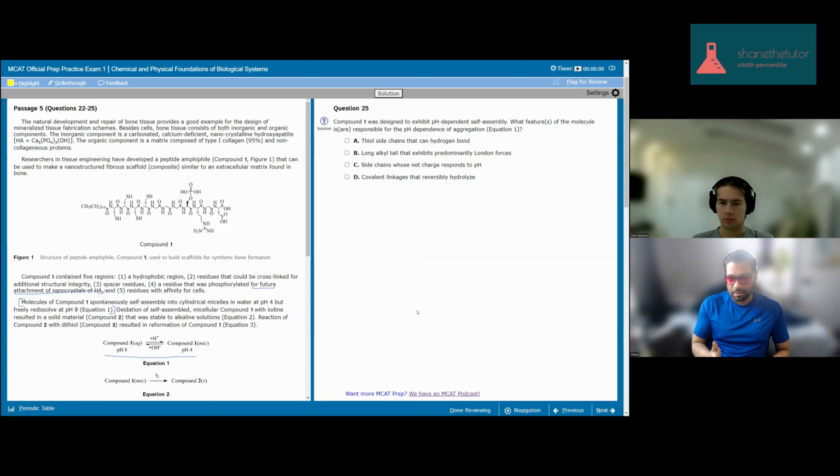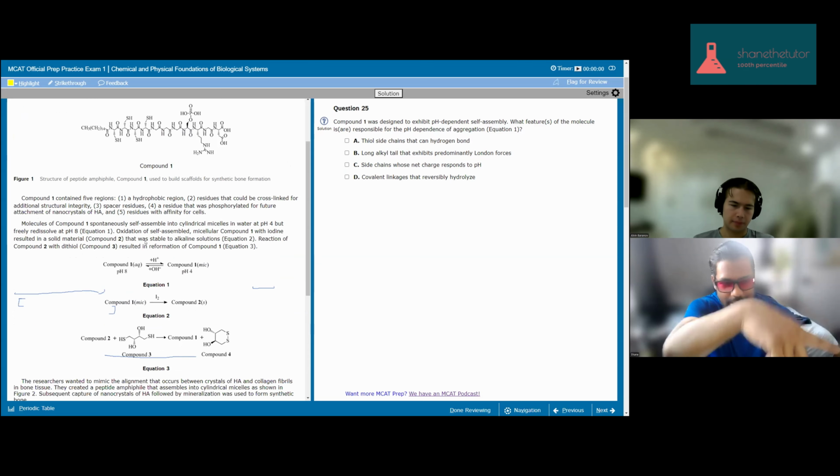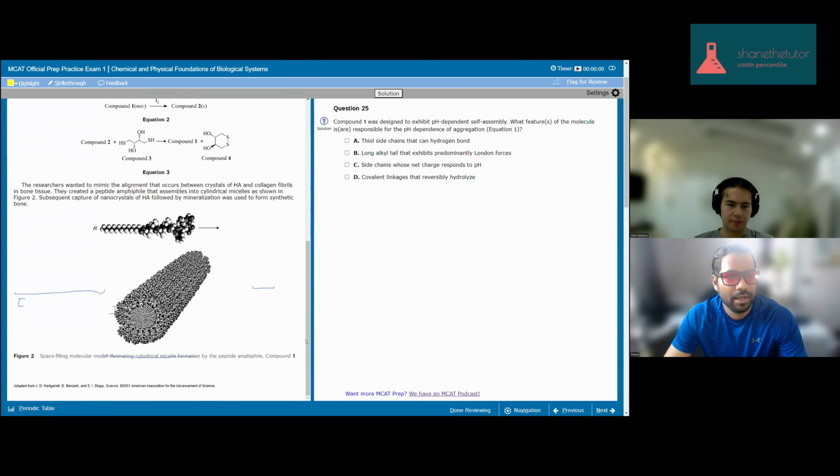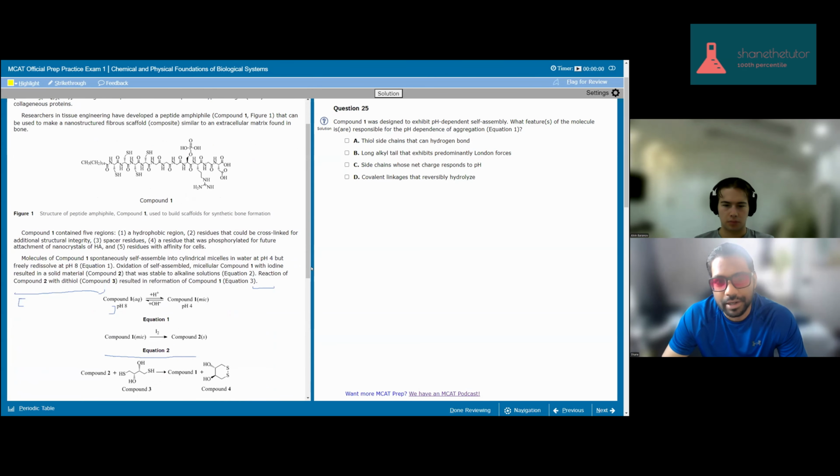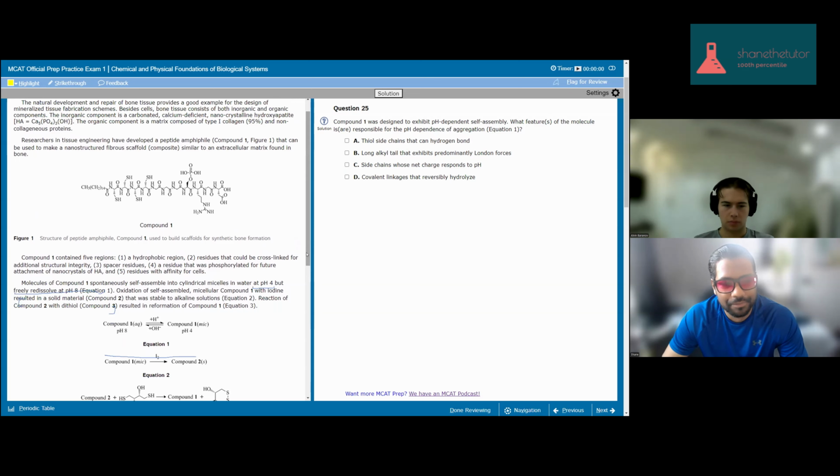Just look at the equation that they give us and what it would have to mean: they would add up. Aggregation here means a bunch of compound ones are coming together to turn into the micelle form of compound one. That's also the picture all the way at the bottom. So that's what they're asking, what is responsible for this aggregation.